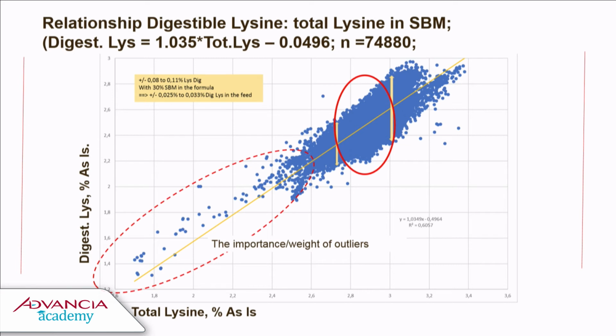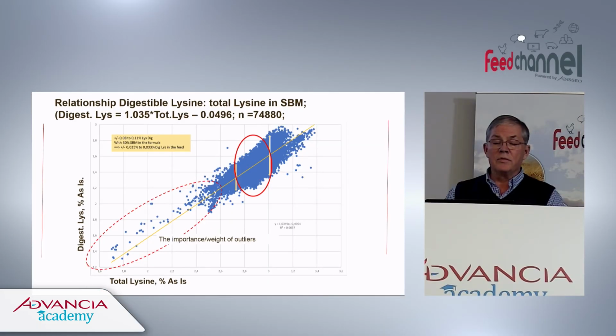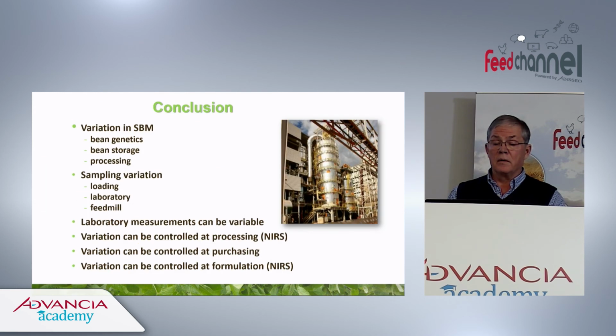So the higher the total lysine, the higher the digestible lysine, but there's quite a lot of variability within there. And then they've got some samples way down here at the bottom, which sort of are involved in the regression there, but probably shouldn't be because they're sort of outliers for commerce.